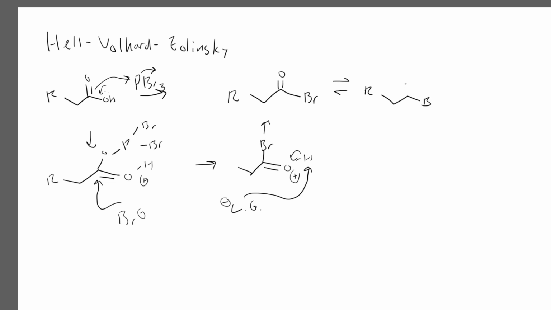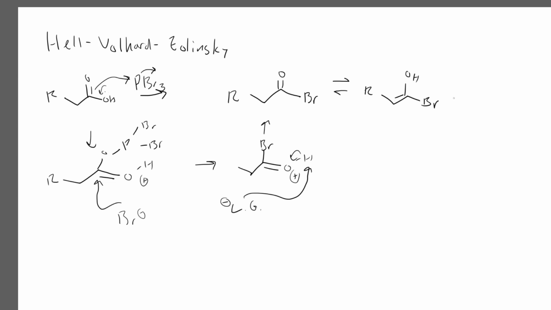It's going to form this structure right here. And note that the alkene is going to form where that alpha carbon is. It's going to be between the base of the carbonyl and that alpha carbon. I hope you don't put it on this side.